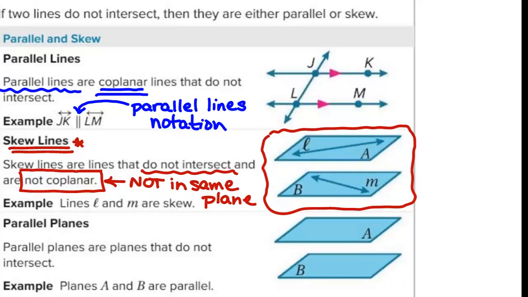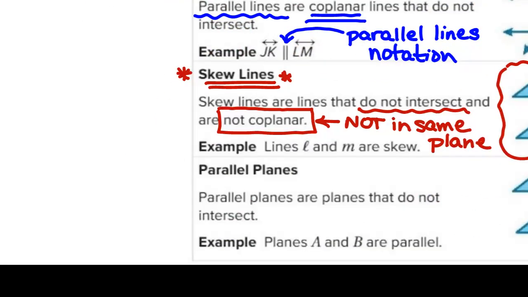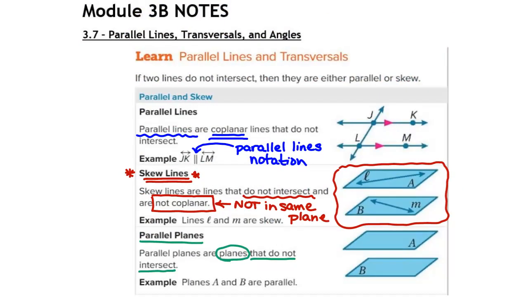These two lines do not intersect, but they are not parallel. They are in two different planes. And then finally, parallel planes. Parallel planes are planes that do not intersect. And we've got a picture of that down at the bottom, plane A and plane B.